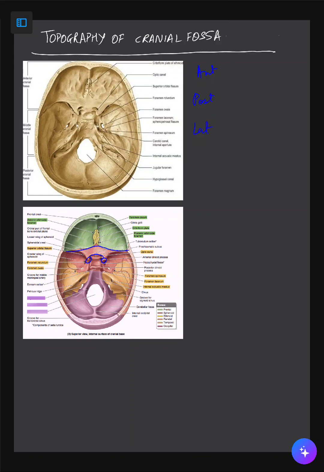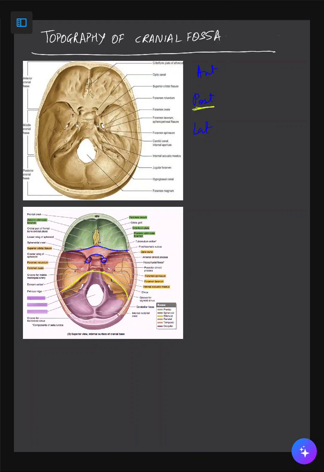These are the anterior borders. What is the posterior border? Posteriorly, the superior border of the petrous part of the temporal bone and the dorsum sellae of the sphenoid bone.